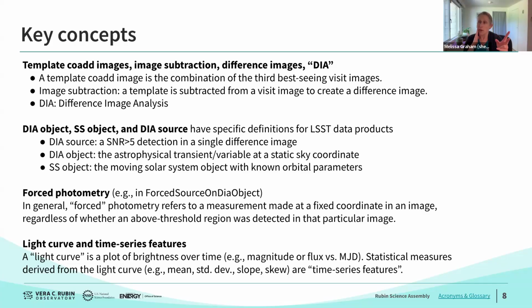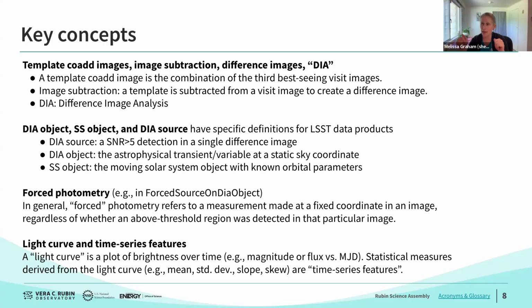Whereas sources are always detections with a signal to noise ratio greater than 5, for a lot of science goals you instead use forced photometry. In general, forced photometry means a measurement made at a fixed coordinate in an image, regardless of whether a signal to noise ratio greater than 5 source was detected in that particular image.